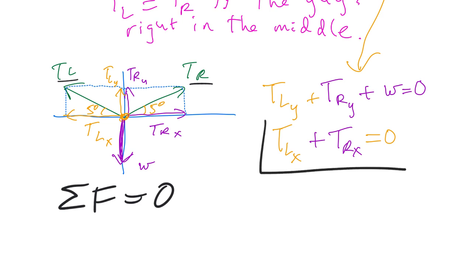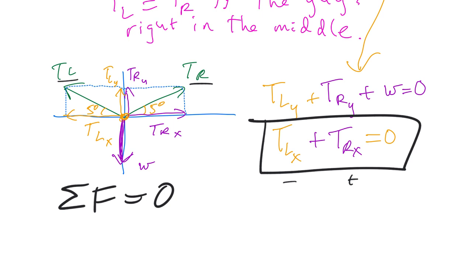So the x components have to cancel out. TLX is going to be like negative something, and then TRX is going to be the same value, pointing to the right, positive, they'll cancel out and equal 0. Okay, how about the vertical components?